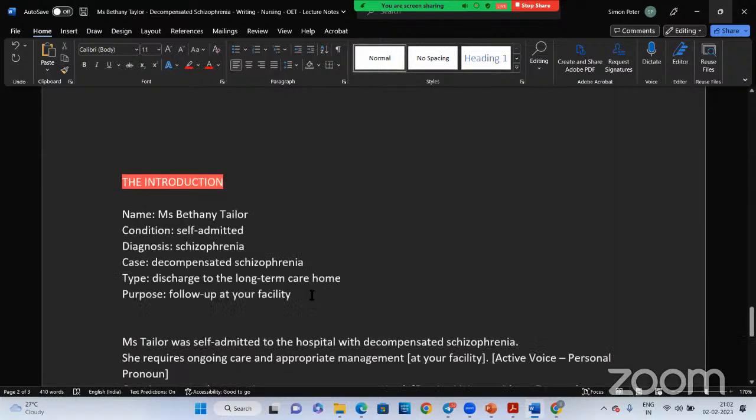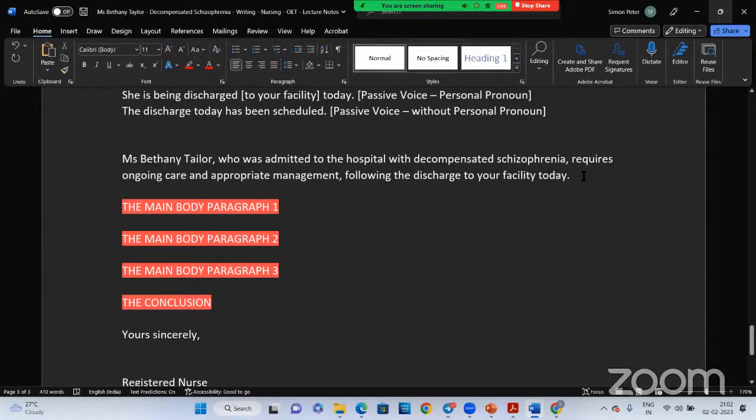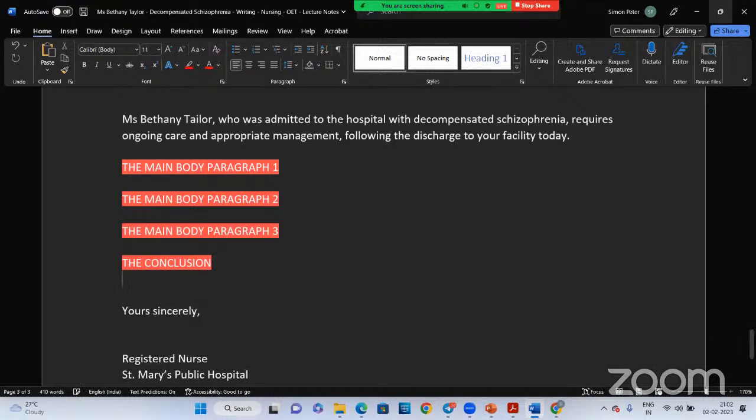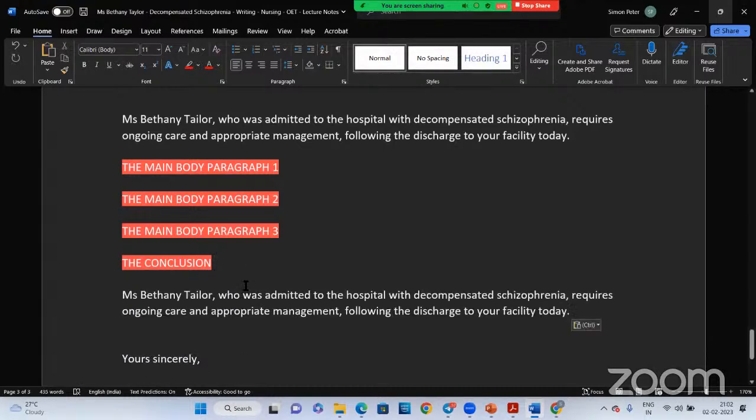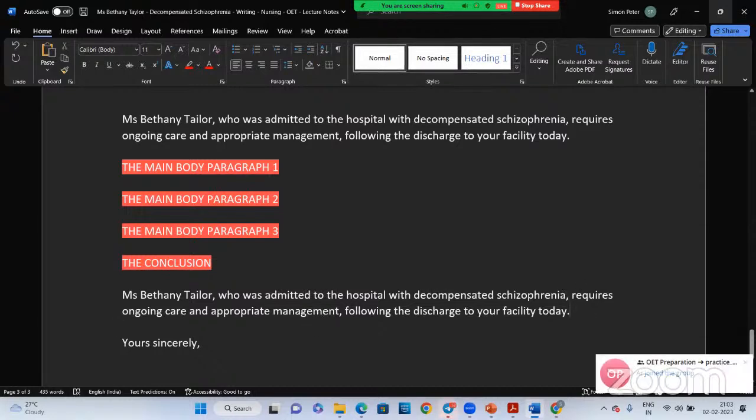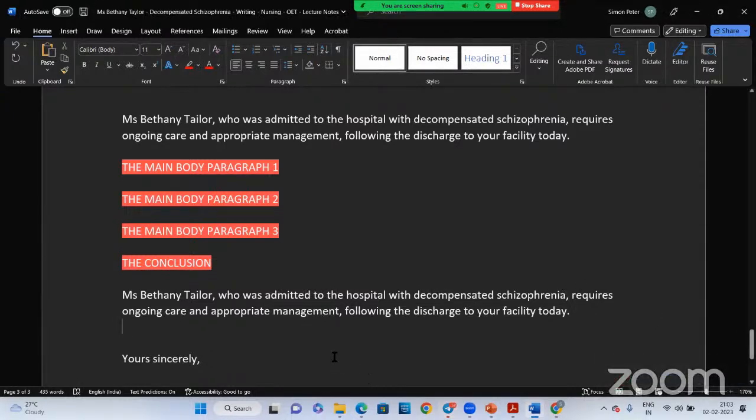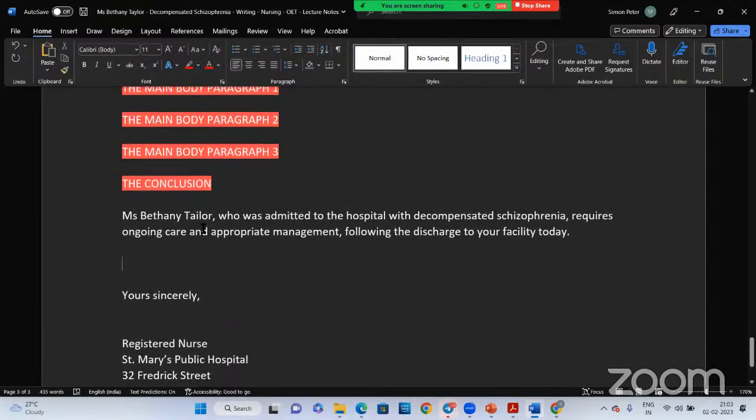And then regarding the nurses. Now let us take here. Right. Miss Bethany Taylor was. So here, how are we going to write this one? Yeah. So this requires ongoing care and appropriate management. These two things are there. Those two things will come forward here, but we'll have to change this one.